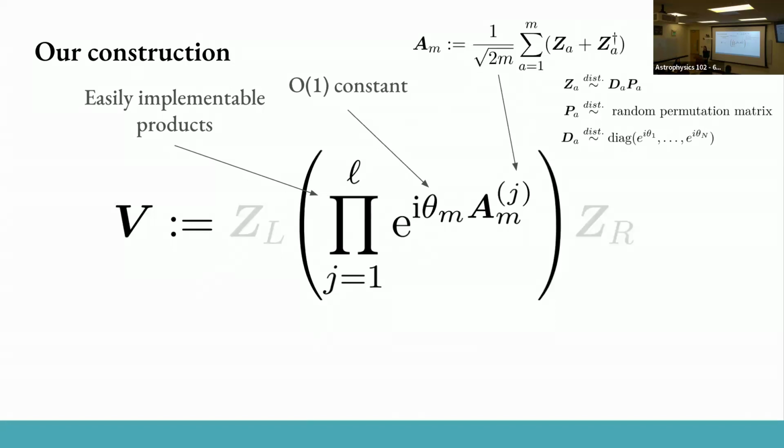There is a paper by Brian Swingle and others that uses path integral techniques, so it's not rigorous, but it's pretty convincing, that a continuous time random walk on the unitary group generated by k-local interactions will be a t-design in linear time. But then you also have to simulate that and prove that it converges.